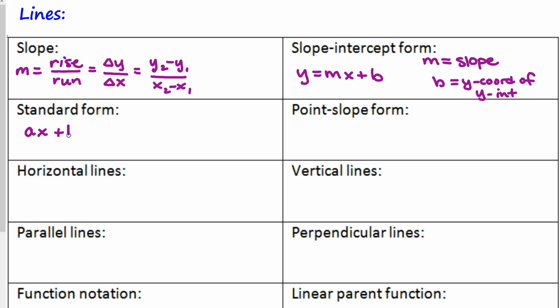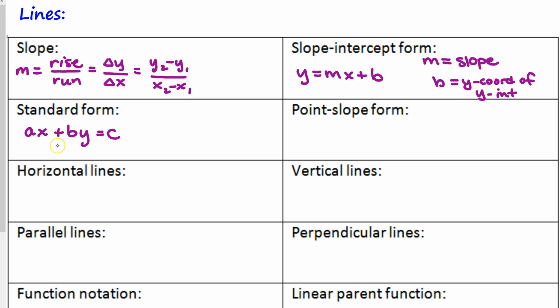Standard form of the equation of a line looks like this: Ax plus By equals C. So we've rearranged the terms. We have the x and the y terms on the same side of the equation and the constant on the other side. Sometimes different mathematicians will have different expectations, like perhaps one math book will say A, B, and C have to be integers, or that A has to be positive, but I'm not going to go with any strict rules about that at this point.